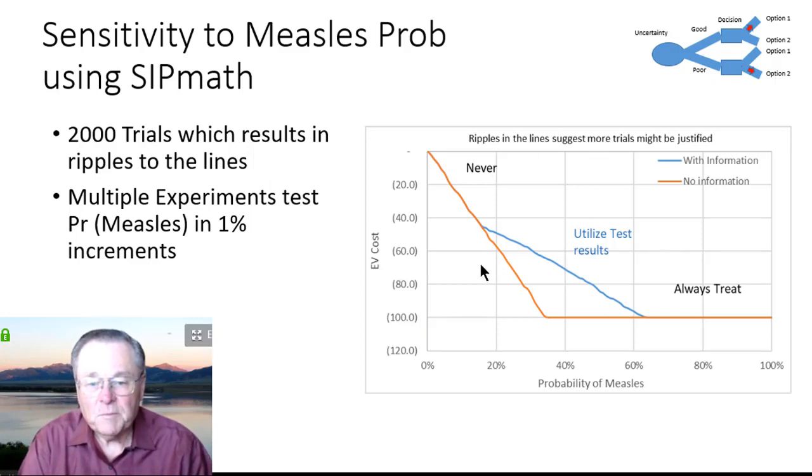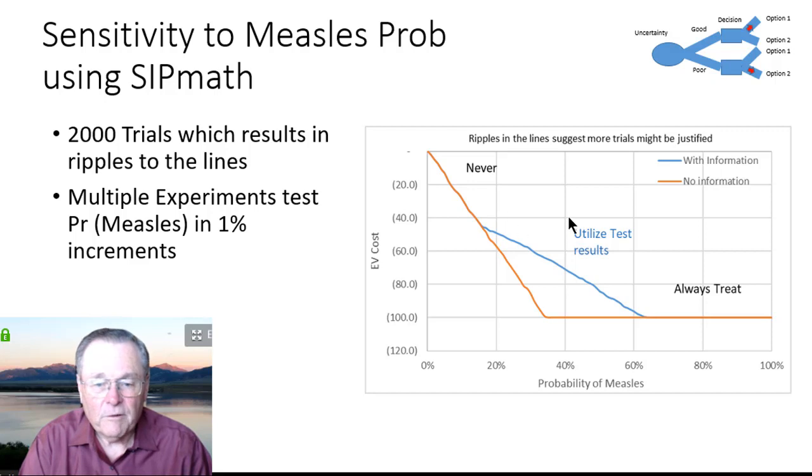So how does that sensitivity or probability look when I do it in SIPmath? So here's that distribution. Remember, this used to be kinked when we did it in Supertree, and now it's a straight line. So here on the do not get the information, we take our chances until we get to maybe 35, 34%. And then we always treat.